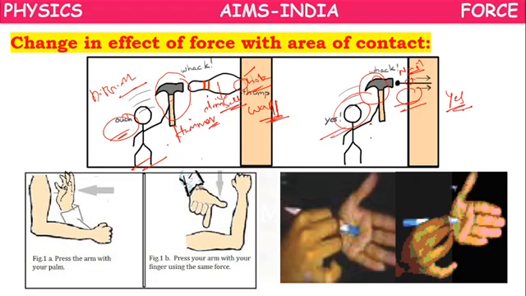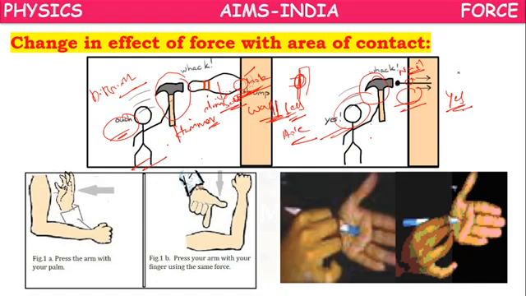What is the difference? The force acts because of the interaction between two objects. This is the dumbbell, this is the wall. Here the area of contact is more, so the force is less, and that's why we are not able to make a hole.